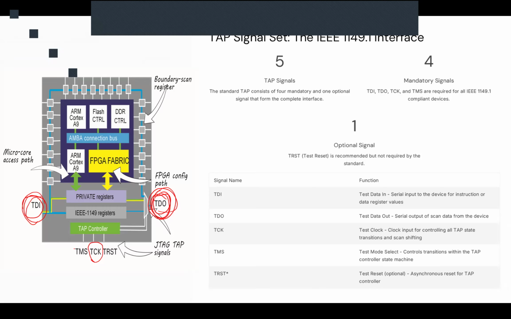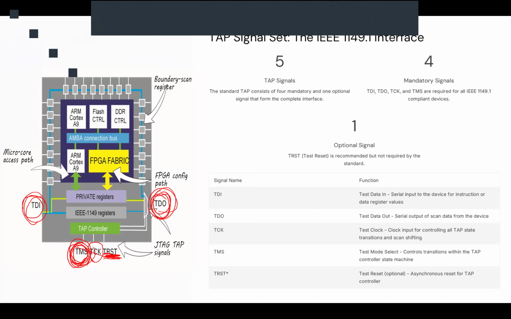TMS is the next one. The fifth one is an optional port, which is the TRST.